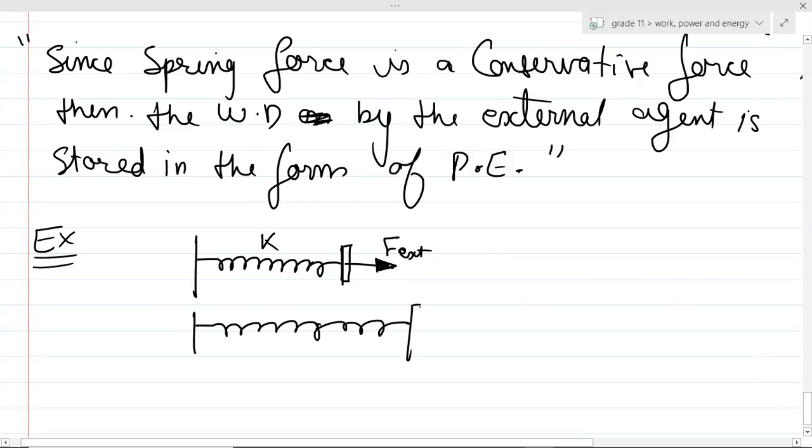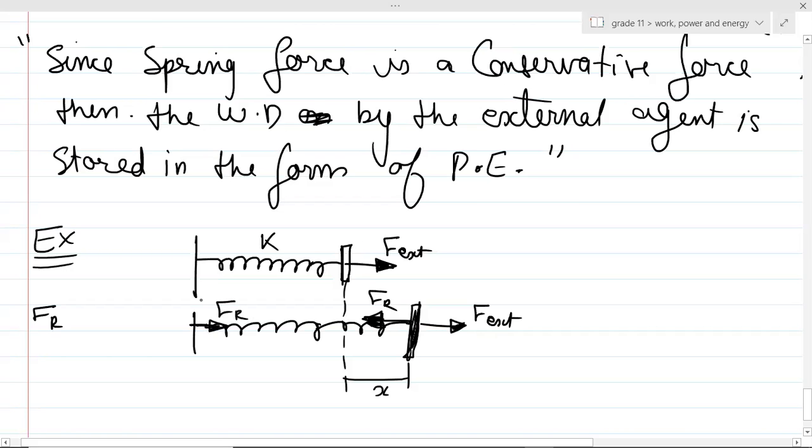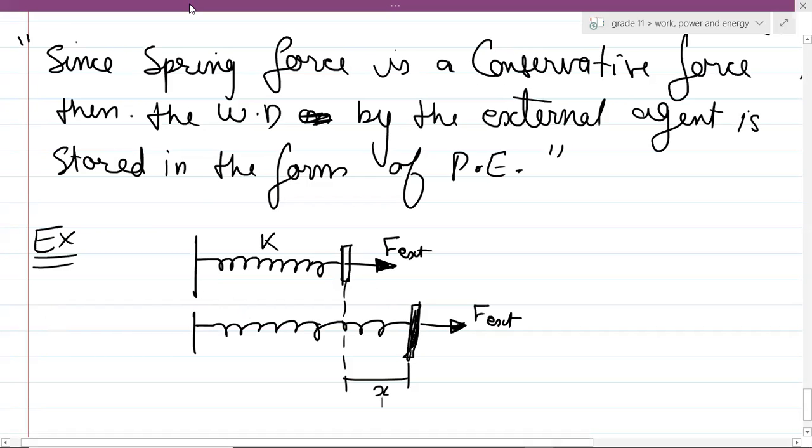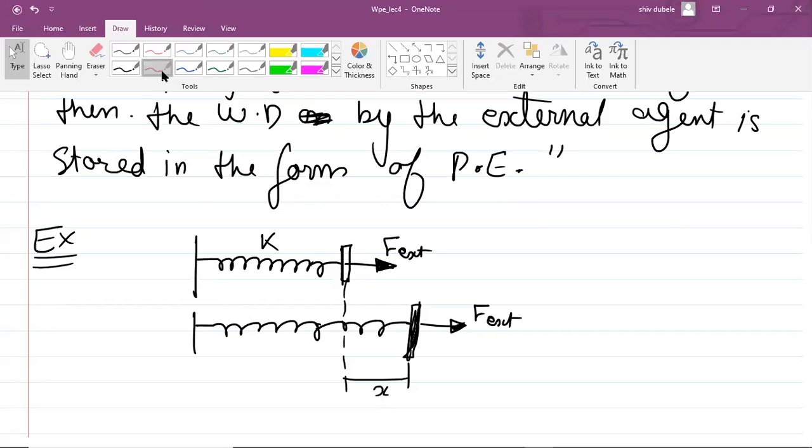Suppose if I deform it by a distance x, then there will be a spring force. Do you remember what was the value of this spring force? We did questions on spring force.